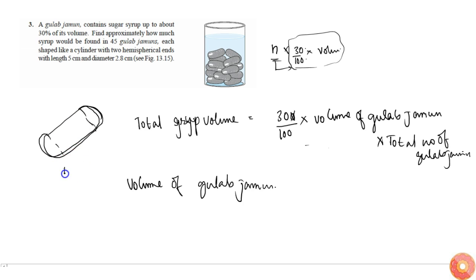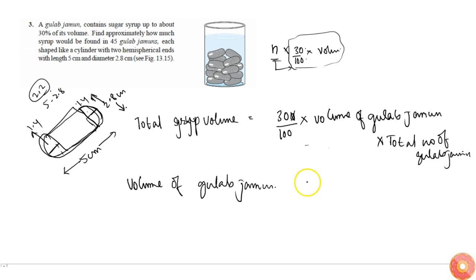So this total thing is 5 centimeters, and its diameter is 2.8 centimeters. So that means this end is 1.4, because it's radius, then the length of the cylinder is simply 5 minus 2.8, which is 2.2.